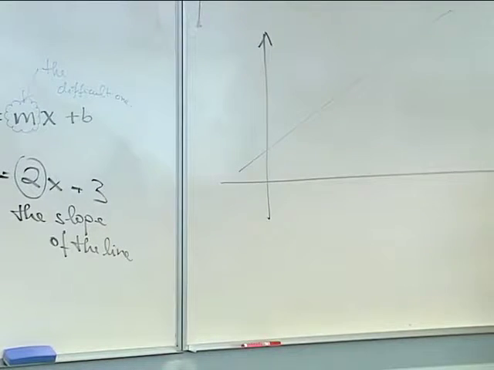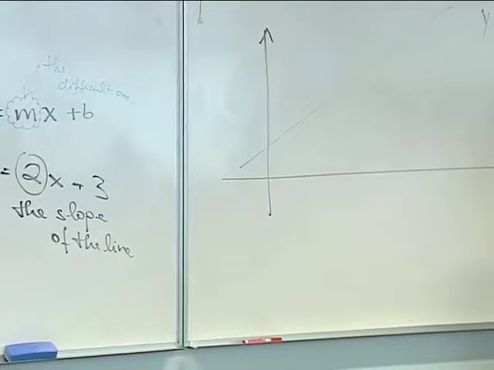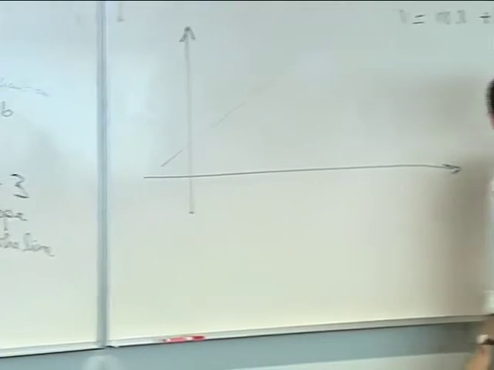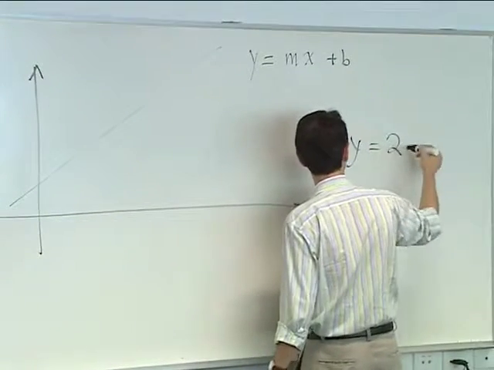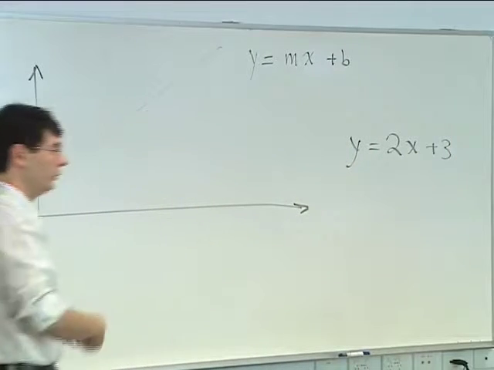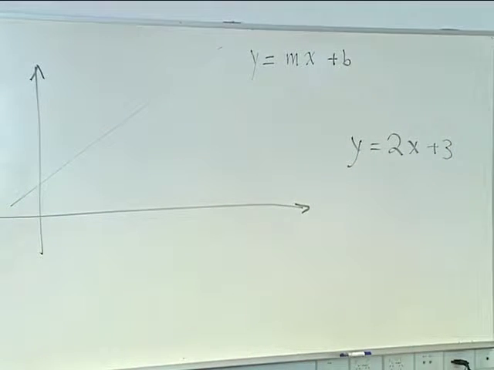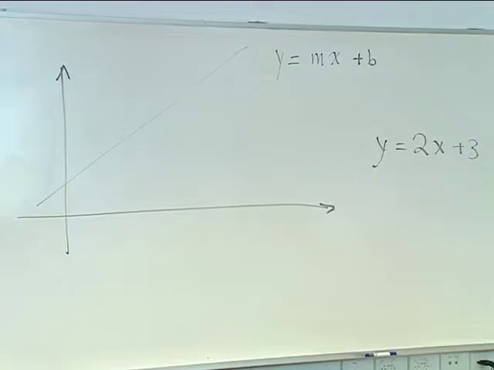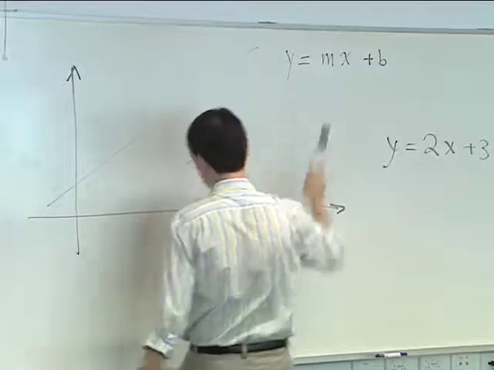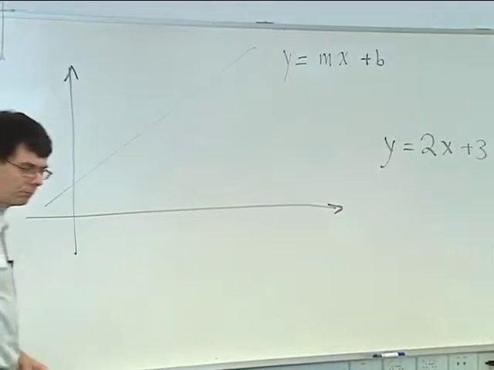So the equation here is y equals mx plus b. And if you want to be more concrete, you can think of it as that one. It doesn't do you any harm. Okay? And I want to concentrate on the slope. What does the slope m mean?